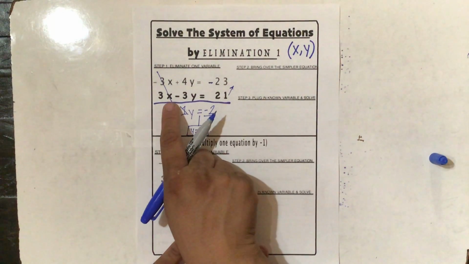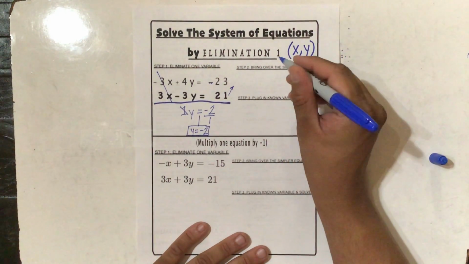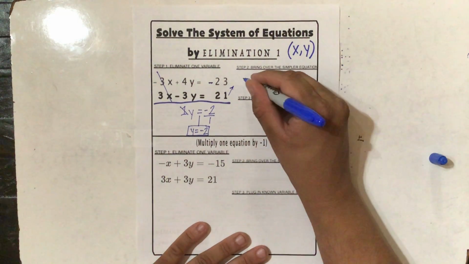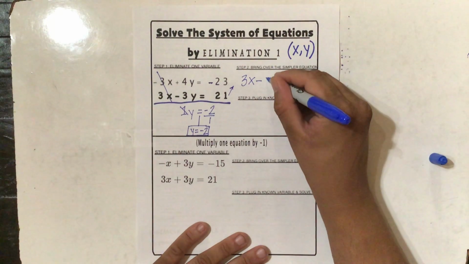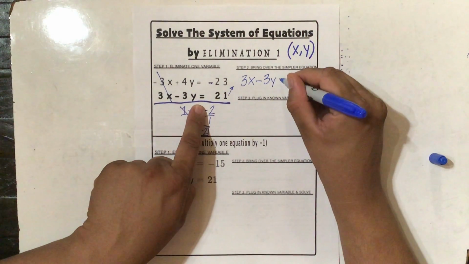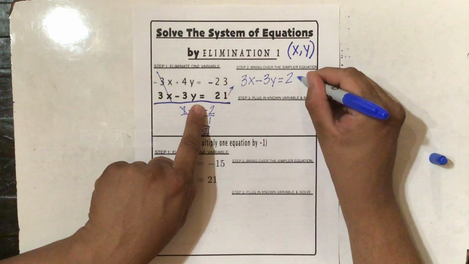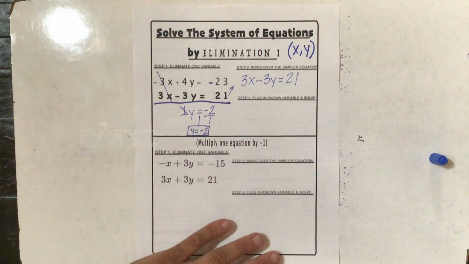So I'm going to say 3x minus 3y equals 21. Perfect. I brought it over, right?